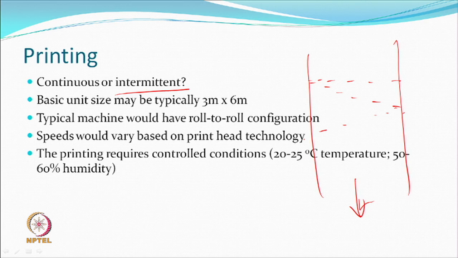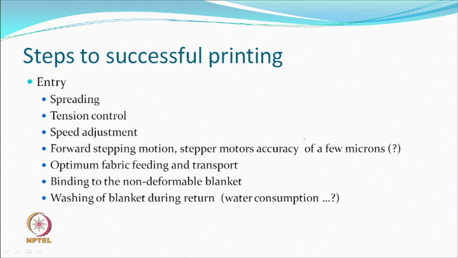So, even if you want to have a continuous system, which most probably will not have, pre-treatment done, make a roll, bring the roll here in an environment which is closed, print completely, take it out and do whatever post treatment you have to do. So, within this so called printing zone, you may have done a good job there, but it still would have its own spreading mechanisms, entry to the printing machine.